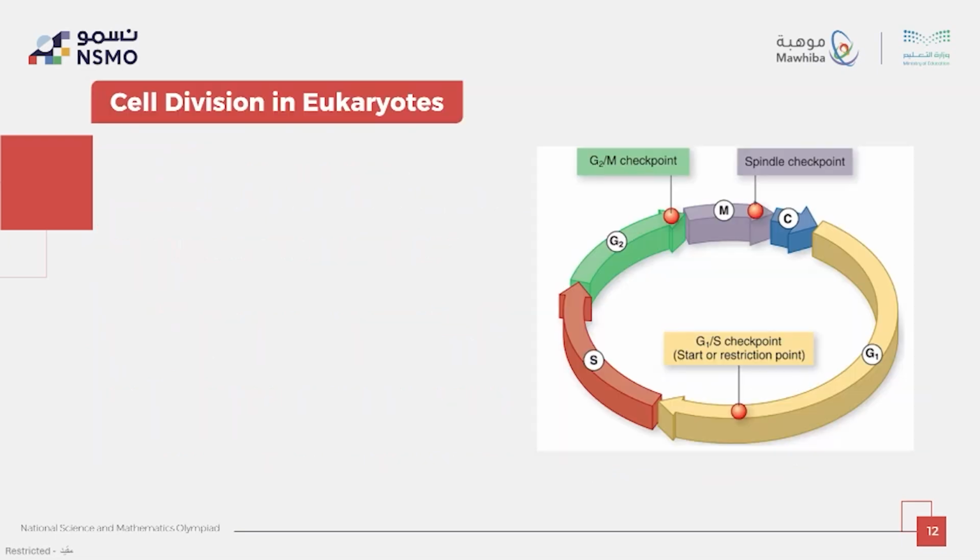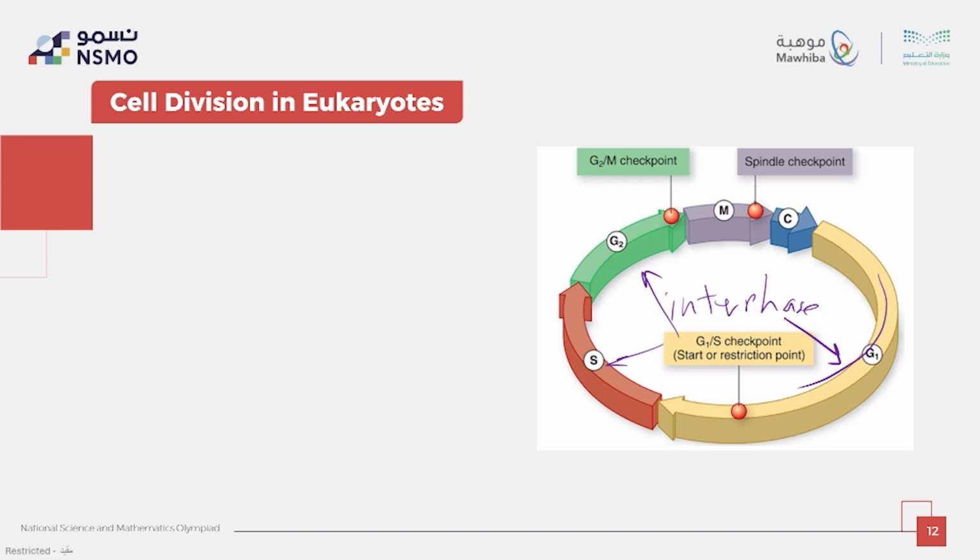If you want to study cell division in eukaryotes, we need to know there are three stages for the cell to divide. The first stage is called interphase. Interphase includes G1, the longest period, S (DNA synthesis), and G2.